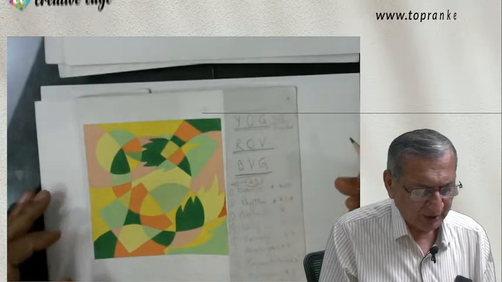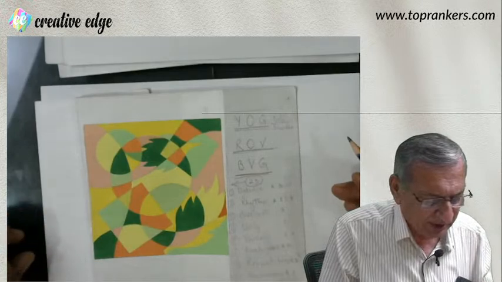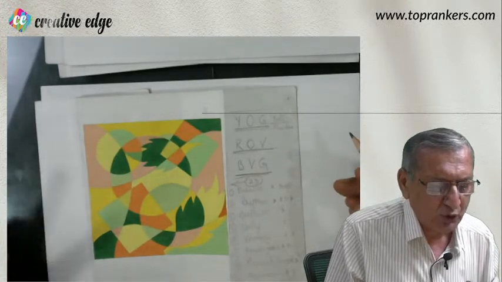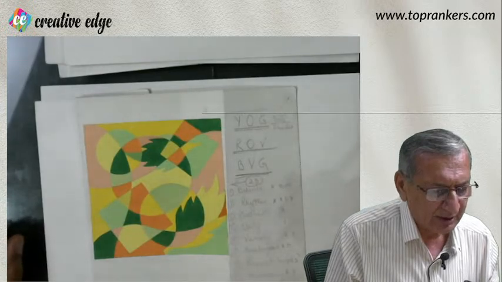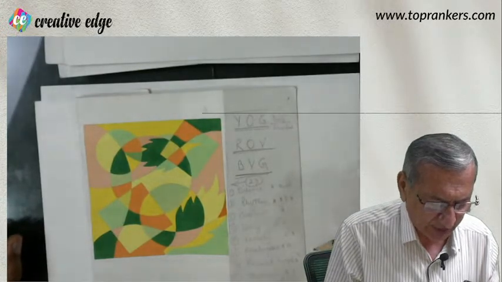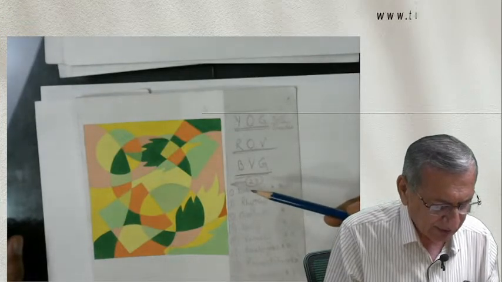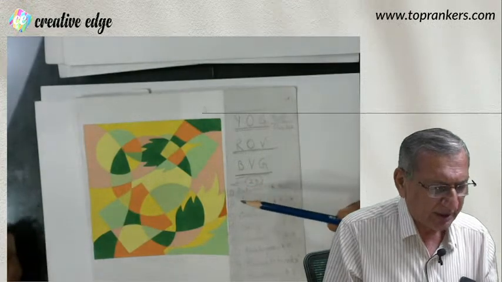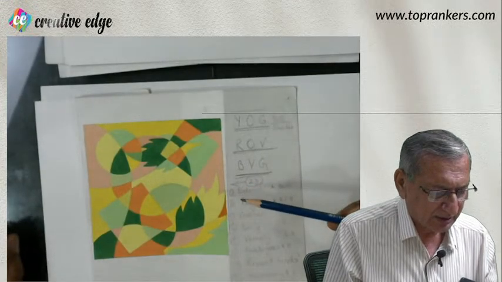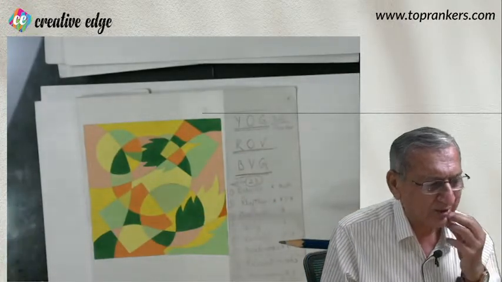Analogous color is explained as an arrangement of the color wherein two secondary colors and one primary color and their tints and shades are used in such a way that the primary color is common and is present in all of them.